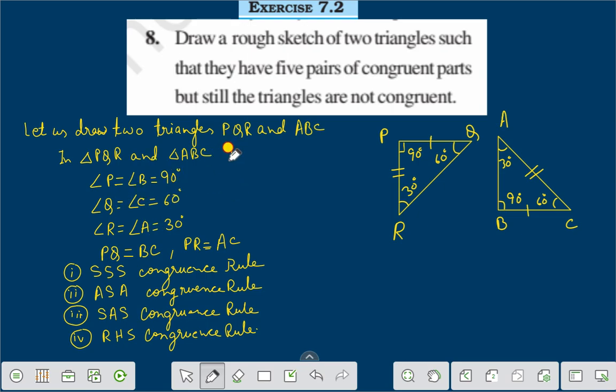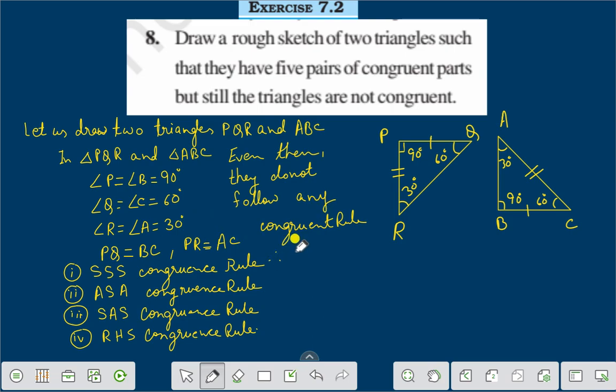But even then, they do not follow any congruence rule, right? That is, the congruence rules are side side side, angle side angle, side angle side, and right angle hypotenuse side.